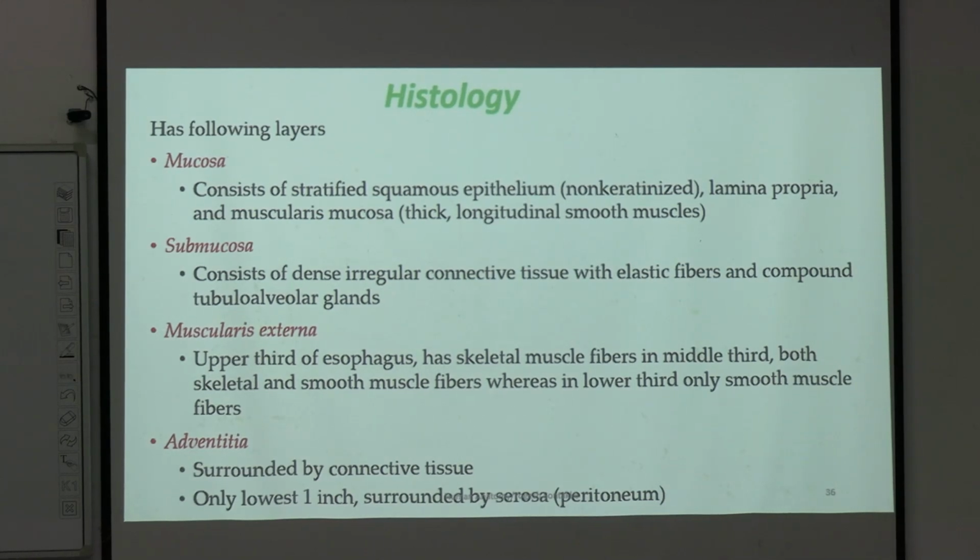Actually, the part that is from the pharynx is skeletal. Adventitia is surrounded by connective tissue, only the lowest 1 inch is surrounded by serosa and peritoneum.